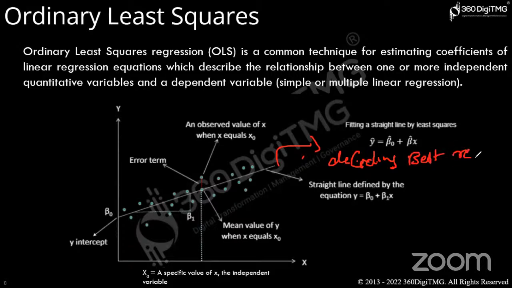We are not taking just one line; we are doing multiple iterations. Wherever this error term is the least, that is the one we will take as the best regression line, or best fit.